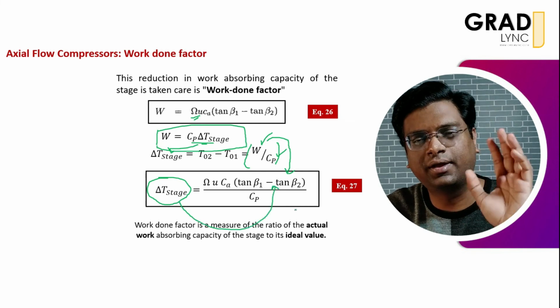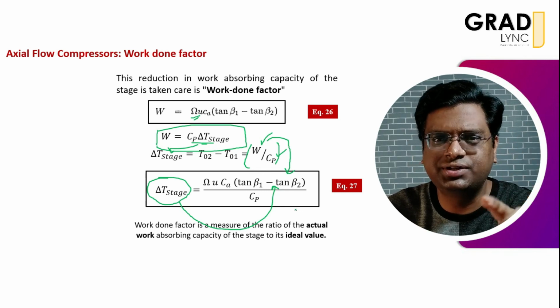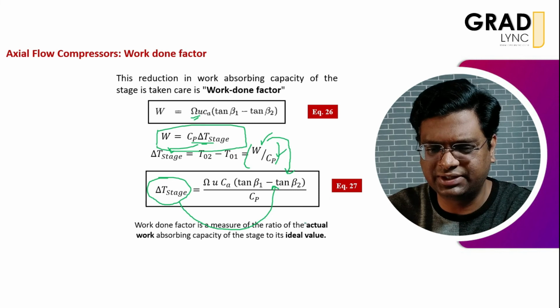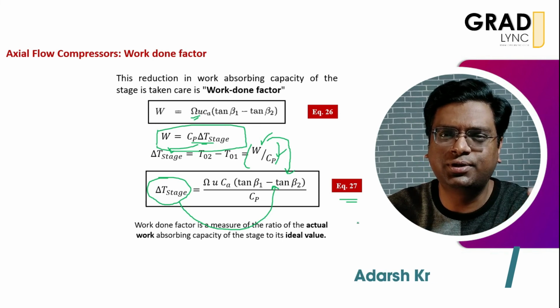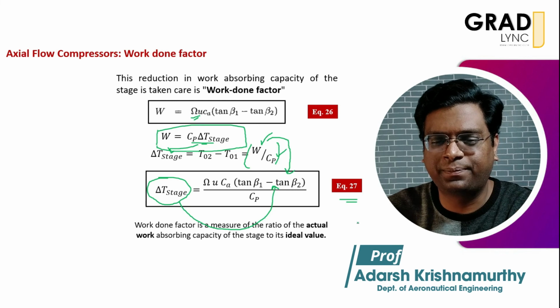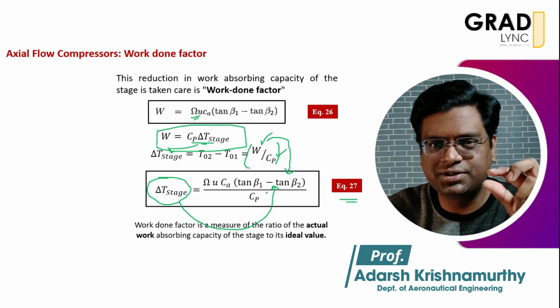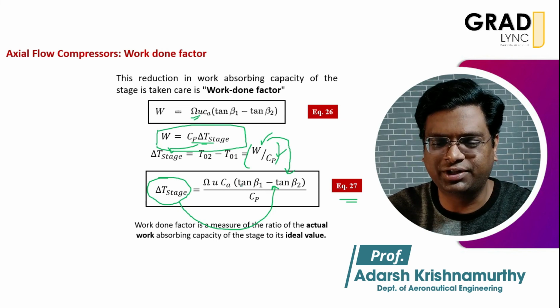Similarly, if Ca is assumed to be constant, I can change the blade angles into the air angles, right? So equation number 27 is very important, and it introduces a new term called the work done factor into the temperature change. So the temperature change in a stage is represented by equation number 27.